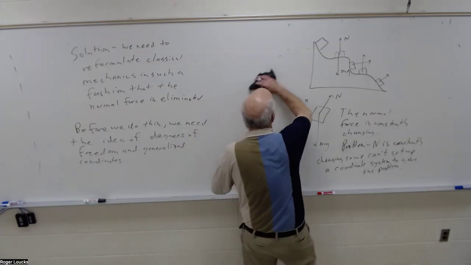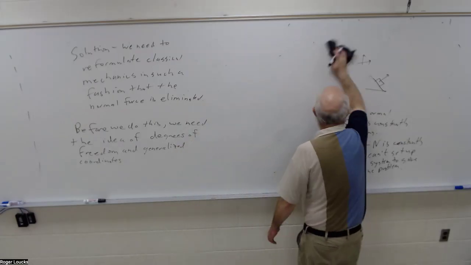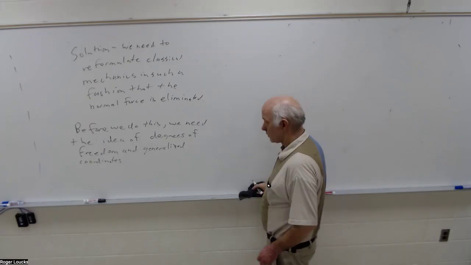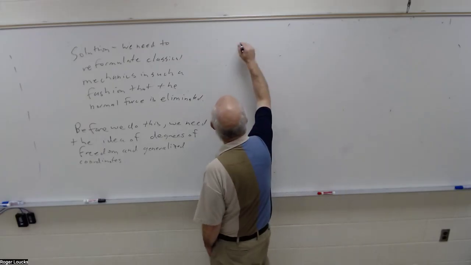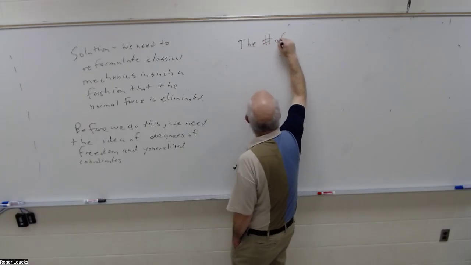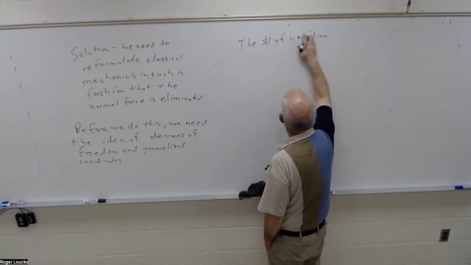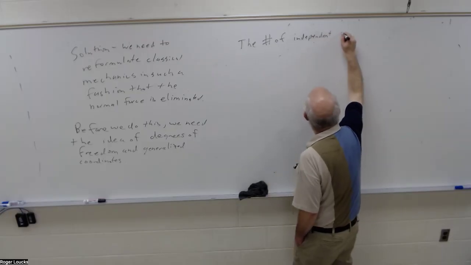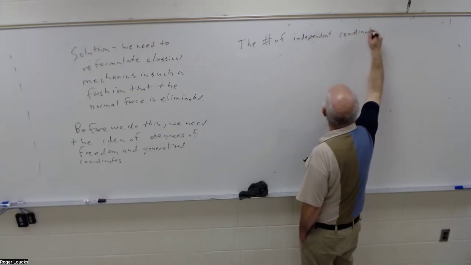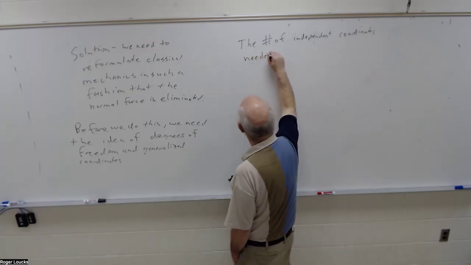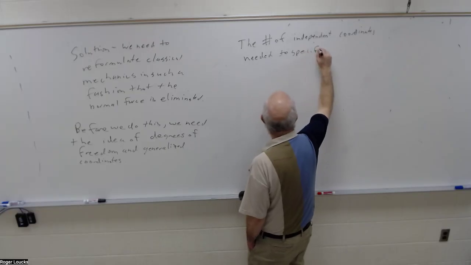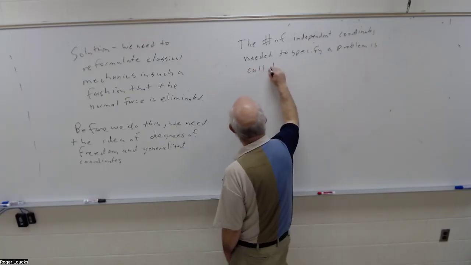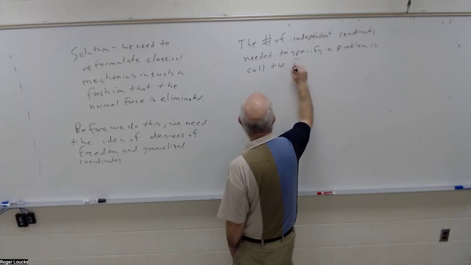That's what they are. Okay, so the number of independent coordinates needed to specify a problem is called the degrees of freedom.